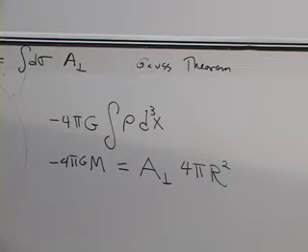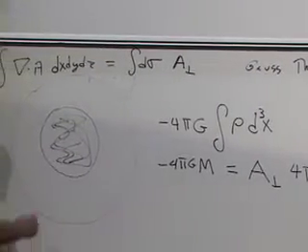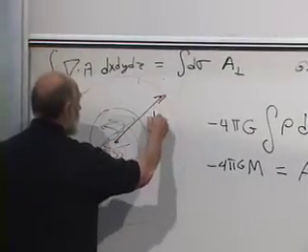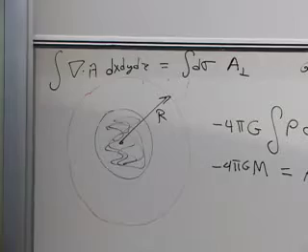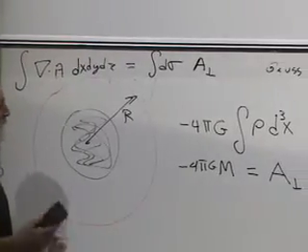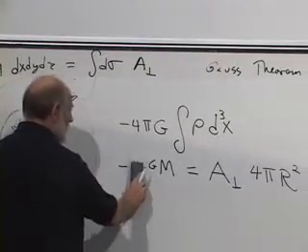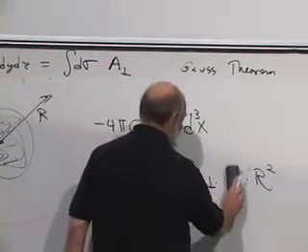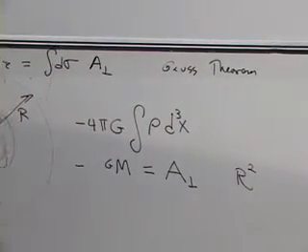R here not being the radius of a planet, but being the distance from the center of the planet to the red sphere. Okay, so now you see why the 4 pi was in Gauss's law, why Gauss put it into his law. It was in order to be able to cancel that out at this point. It was arbitrary. You could have defined things differently.